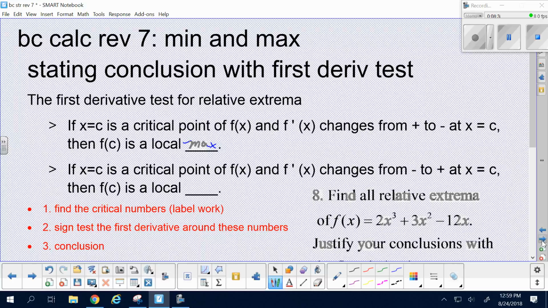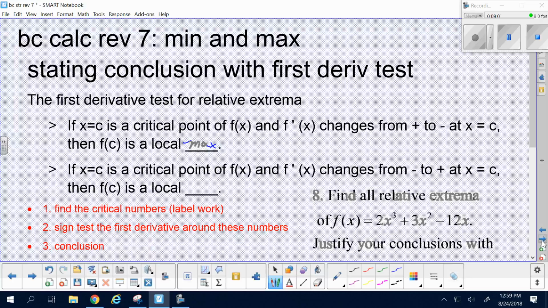Now that's true, and it definitely makes a max, but I'm a math theory guy, and it's not called the f-slope test. I've never seen in a textbook the f-slope test. It's the first derivative test, and your answer and your evidence is the first derivative, not the slope of f, the sign of the first derivative. So it's not "f changes slope from positive to negative," it's "f prime changes sign from positive to negative."